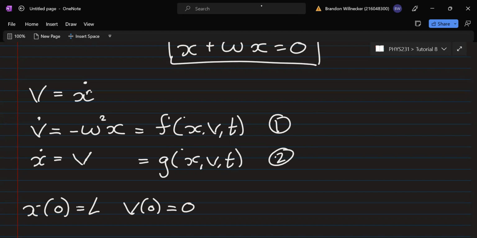So you're going to have some sort of input prompt to get that from the user. With those initial conditions and knowing the updating procedure, as well as the two first-order equations, we can then solve for x and v as functions of time. That's the standard thing that we did before.